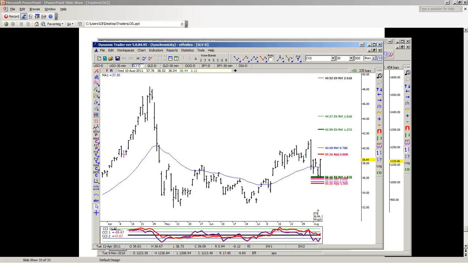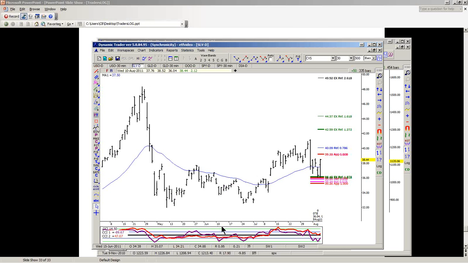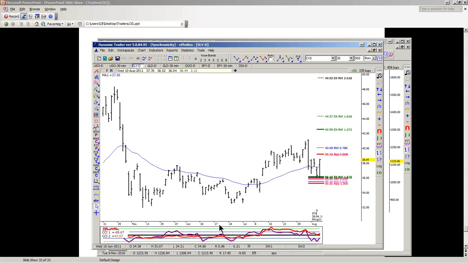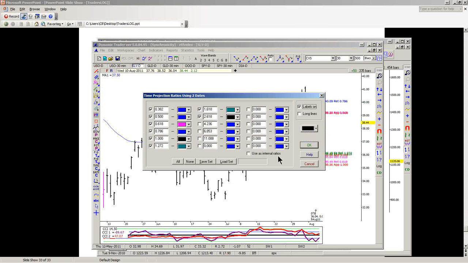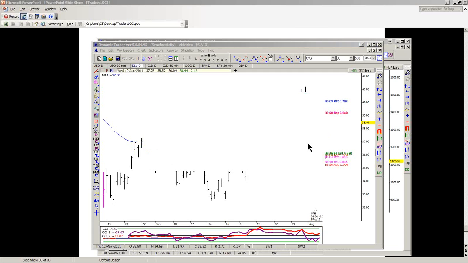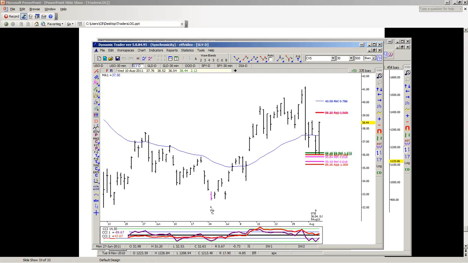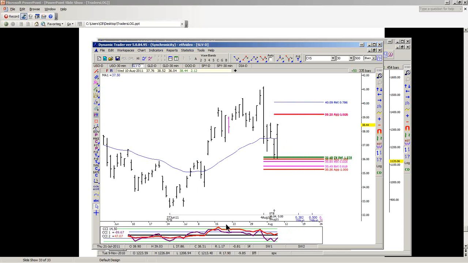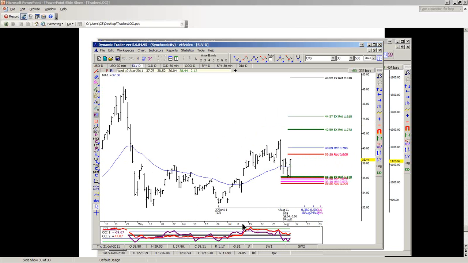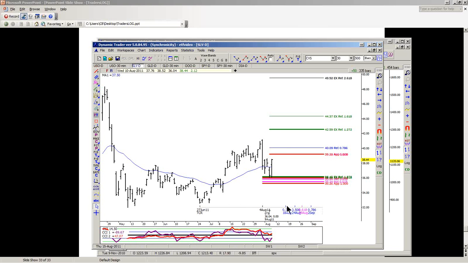Okay, unclear on how to calculate time cycles. What I'm basically doing is, let's say, I click on the time cycle tool that I have here. I have all these ratios that I like to use. I would click on a low to a high, and it's going to calculate the ratios of that low to high in time and project them out forward.